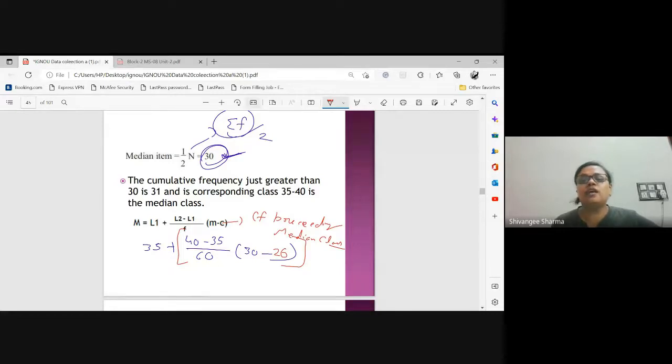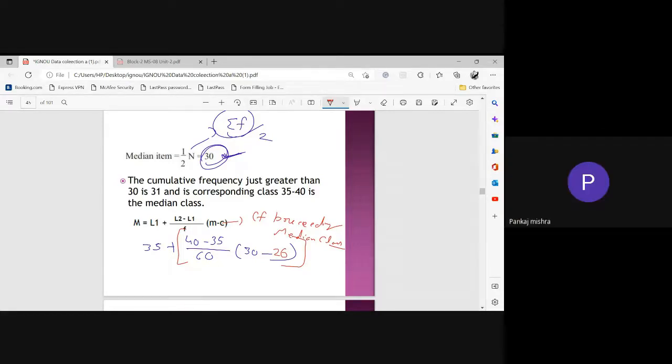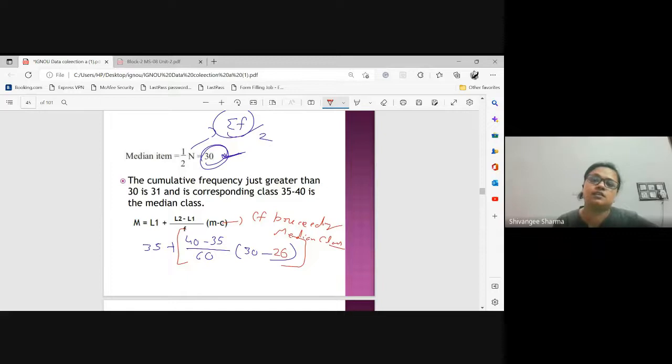Right. So what we have discussed today is what is data, and we have discussed primary data and secondary data. Then we have discussed quantitative data and qualitative data. And with respect to that, central tendency we have started.